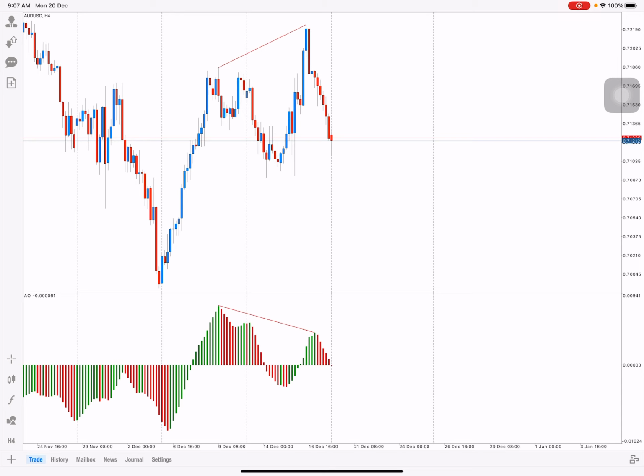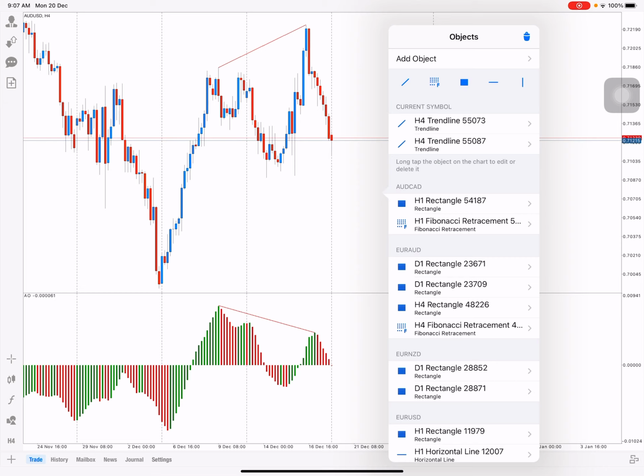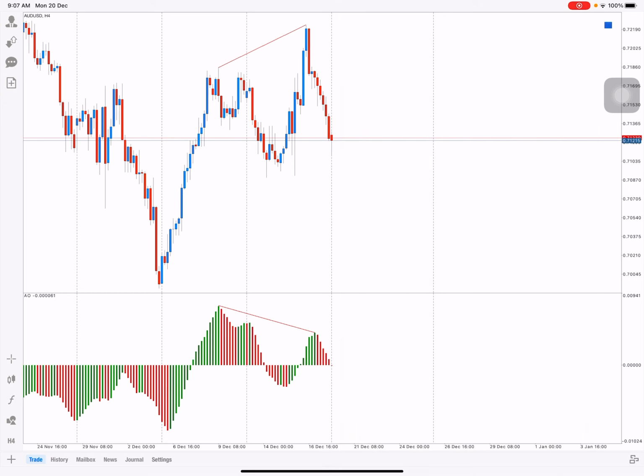What is the execution plan here? First things first, we've detected a divergence and we know which direction this pair is likely to move. What we've detected is a bearish divergence. Therefore, we are expecting this currency to tank further.